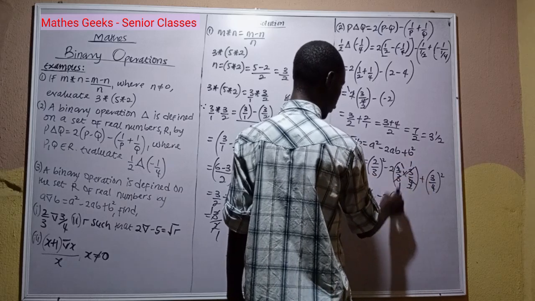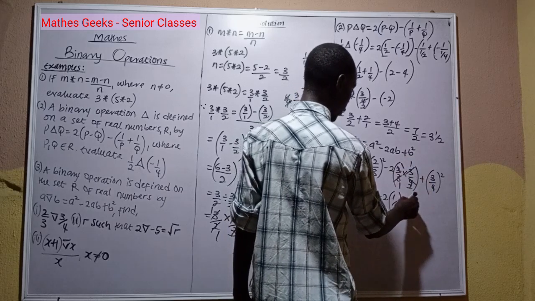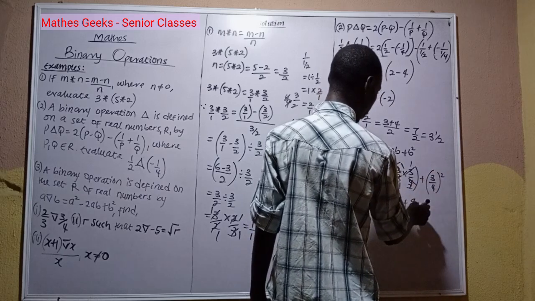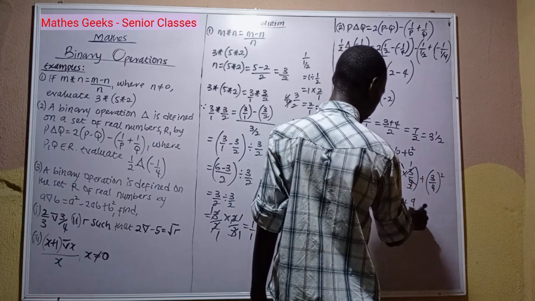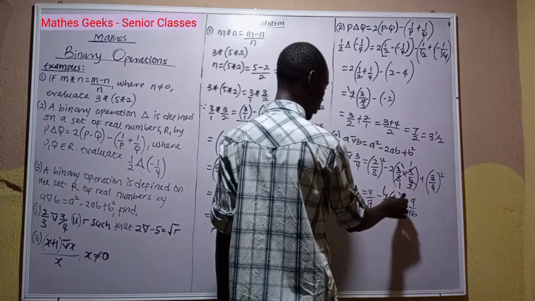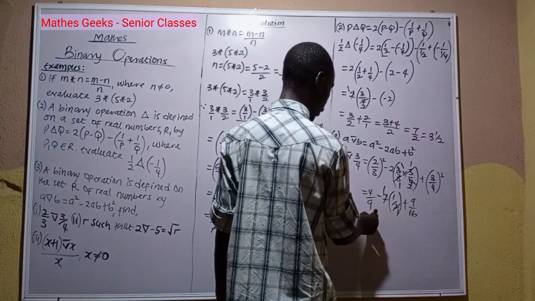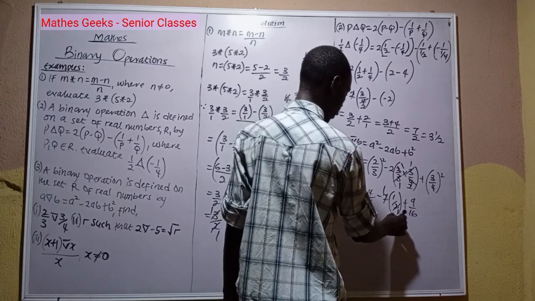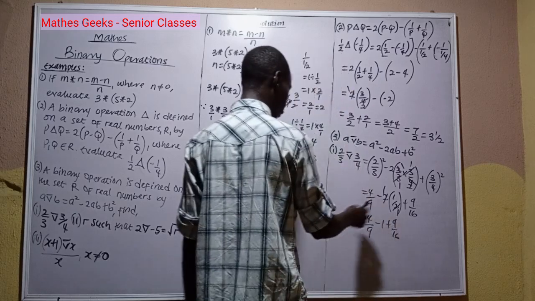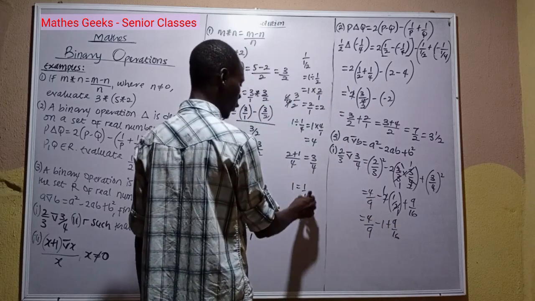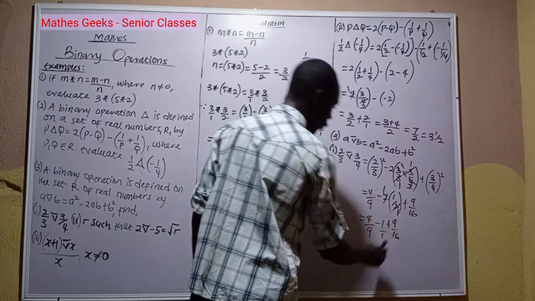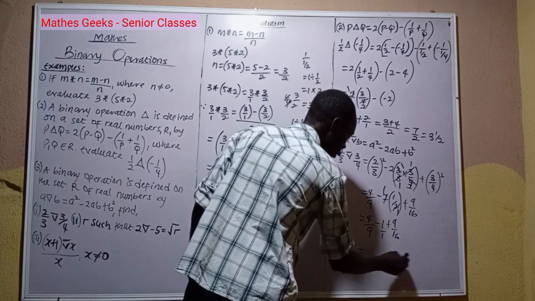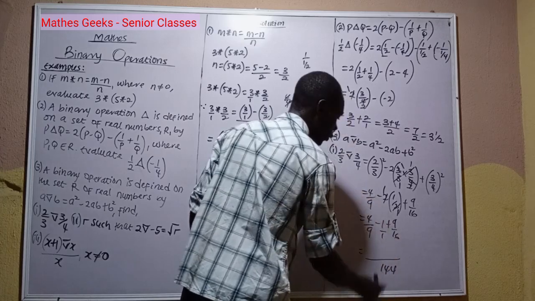So that's 2 times 1 over 2, plus 3 raised to the power 2 is 9, 4 raised to the power 2 is 16. So that gives 4 over 9 minus 1 plus 9 over 16. Now 1 is equal to 1 over 1. We need to look for the LCM of 9, 1 and 16. If you do that, you're going to get 144.